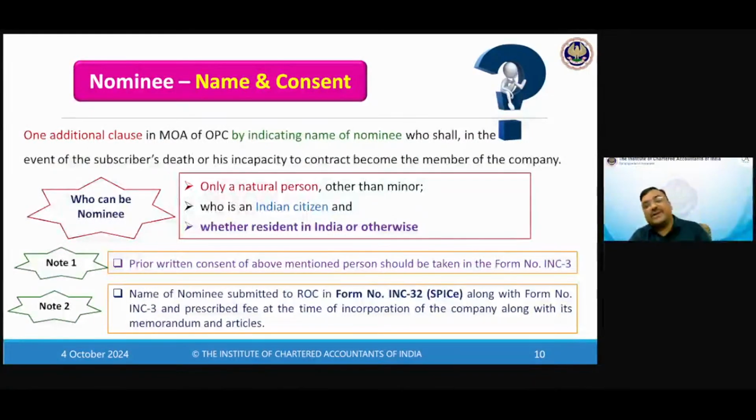But the important thing is, when you mention the name of the nominee, you should have the consent of the nominee.